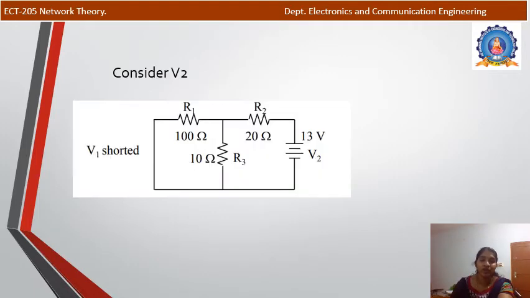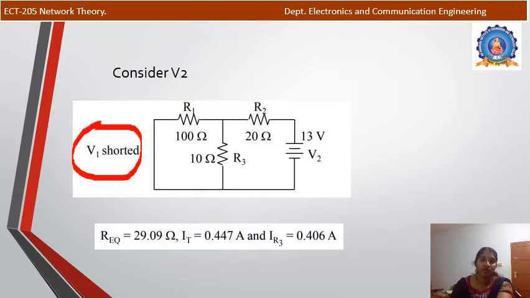Okay, next we consider the second source, V2. When we are considering V2, we will short this V1, right? So similar to the procedure we followed when considering V1, here R1 and R3 become parallel and it will be added with R2. So R equivalent will be 29.09.